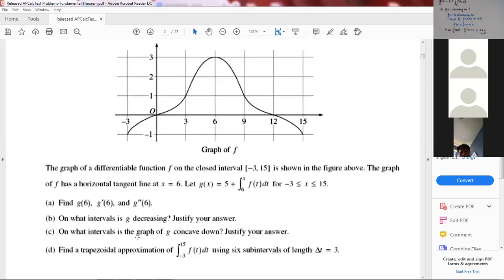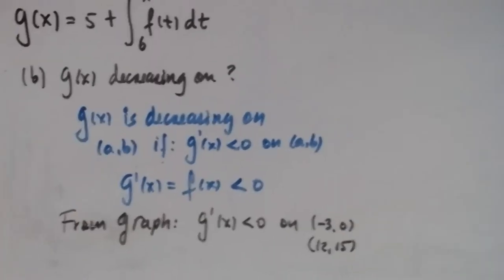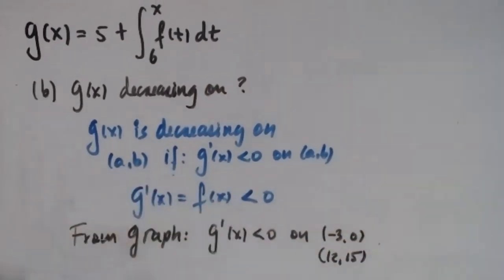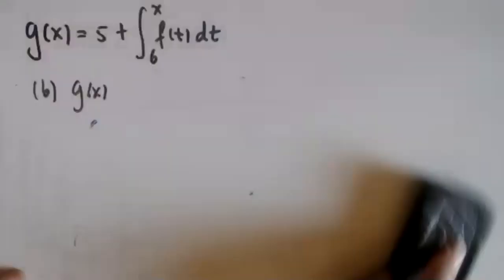Okay, next one. On what intervals is the graph of G concave down? Justify your answer. Okay, now I have to write here concave down.